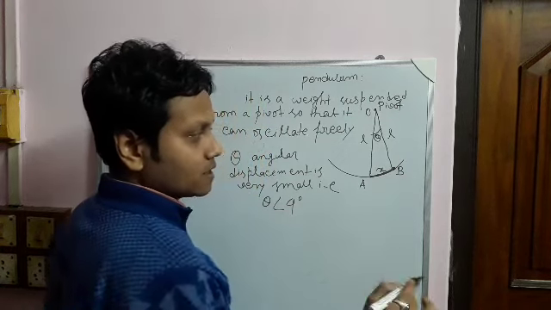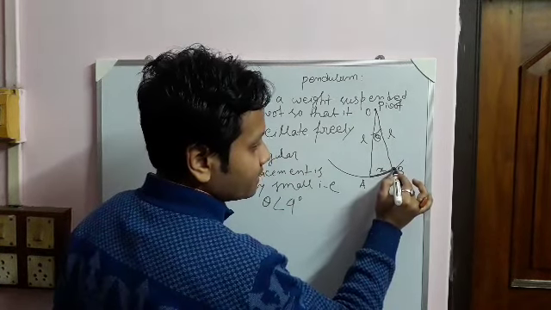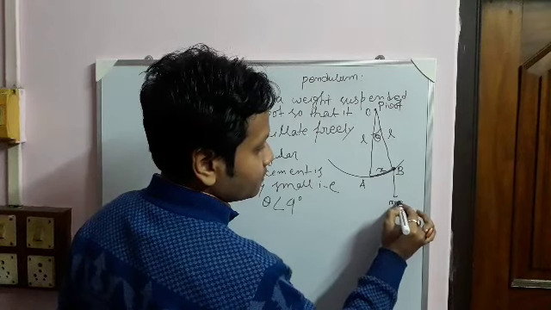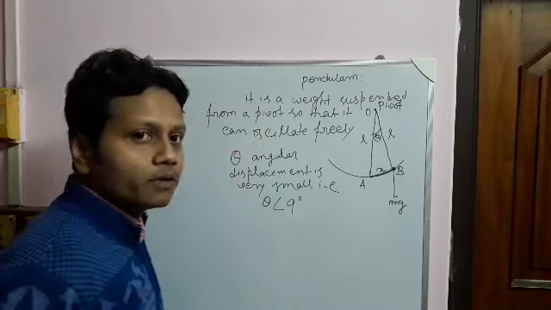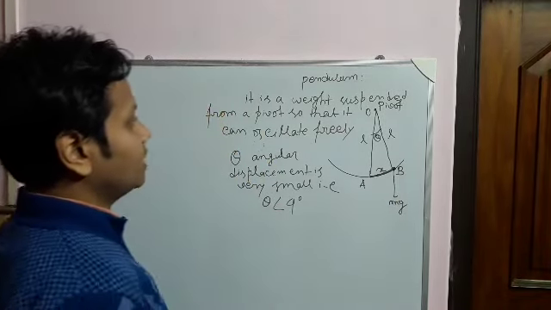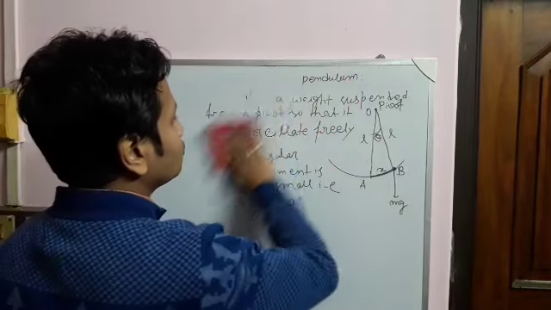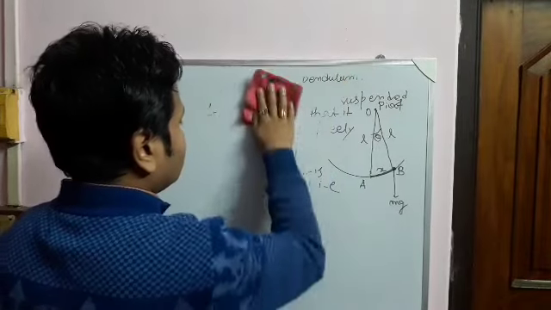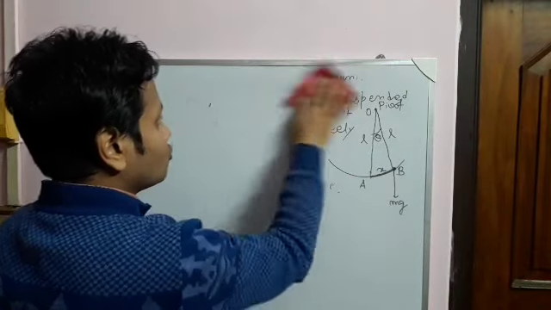If the bob is at point B, then at B the weight of the bob is mg, and it can be resolved into two components.